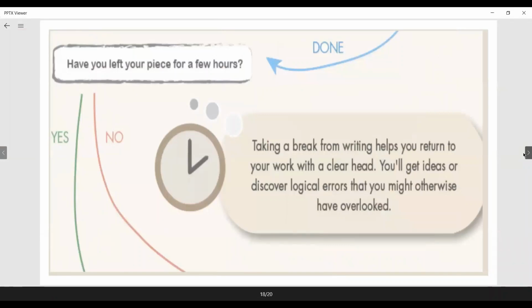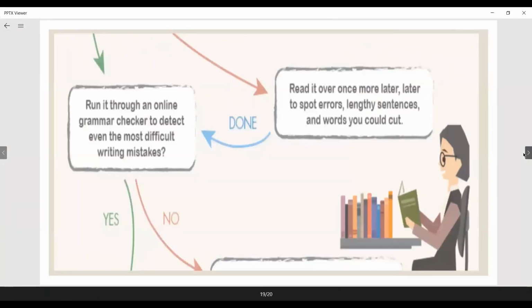Yes, this I was talking about. Taking a break from writing helps you return to your work with a clear head, right? So start developing these strategies in your mind, and in your final term, inshallah, you are going to do much better. Run it through an online grammar checker.